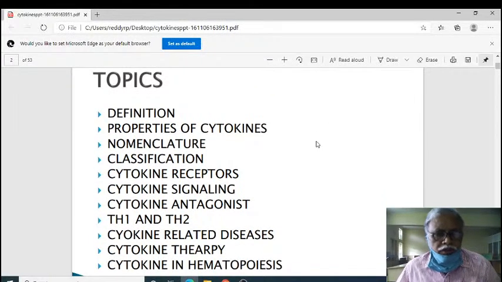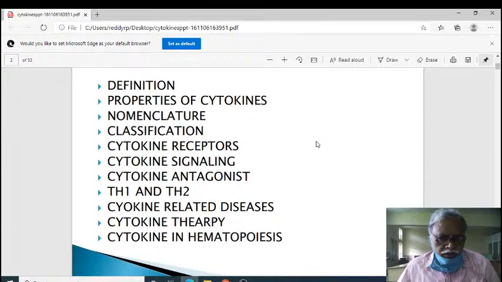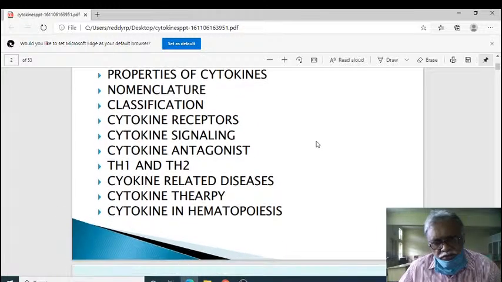Cytokines is a bit dry subject, so it will have so many components like definition, properties of cytokines, and nomenclature, classification, cytokine receptors, cytokine signaling, cytokine antagonists, and T helper cell 1 and 2, and cytokine related diseases, cytokine therapy, and cytokine hematopoiesis.